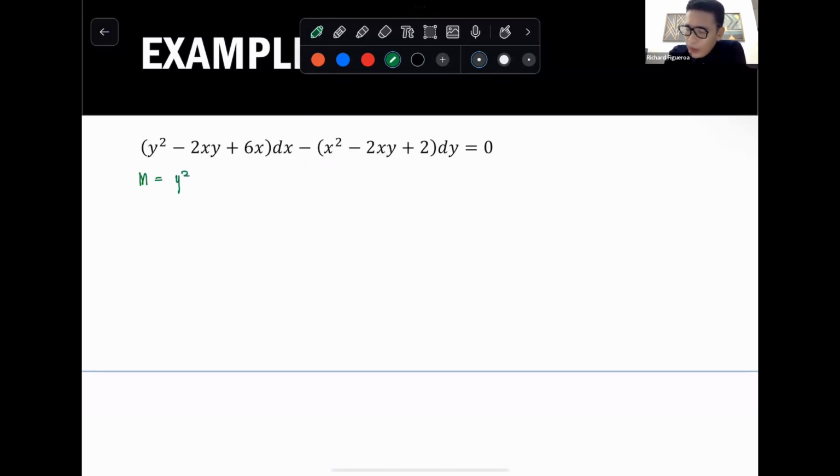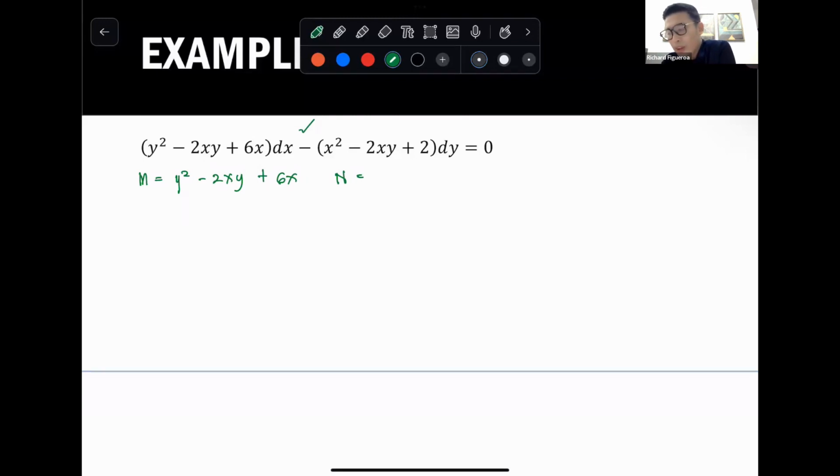So this would be y squared minus 2xy plus 6x. And then, for n naman dito niyan, remember, merong negative dun sa unahan. So do not forget that. This is a common mistake.